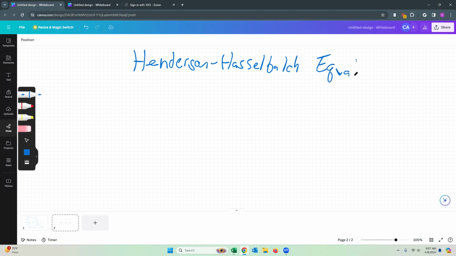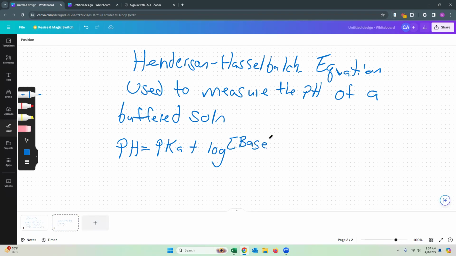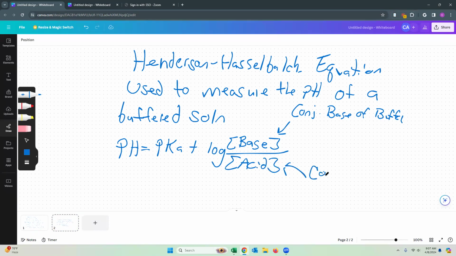This equation is used to measure the pH of a buffered solution, and it's really quite simple. pH equals pKa plus the log of the concentration of your base, which is the conjugate base of your buffer, divided by your acid, which is the conjugate acid of your buffer.